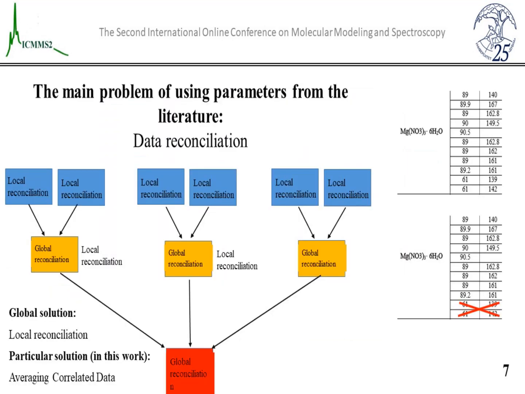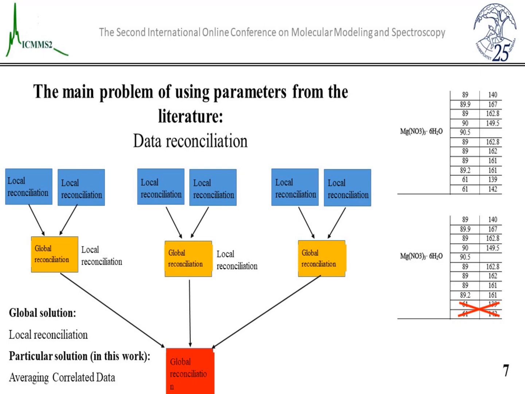There is a problem associated with data inconsistency, and therefore the characteristics of the same materials may differ significantly between different authors. A global solution to this problem involves local data reconciliation, in which the parameters are averaged in several stages.